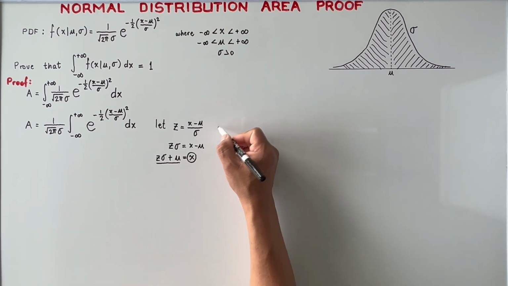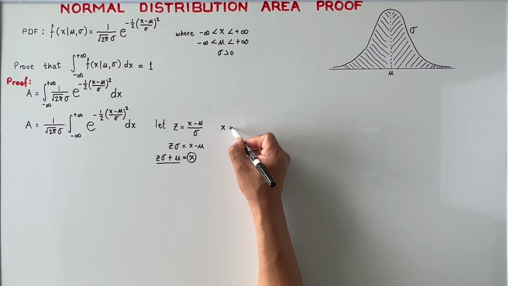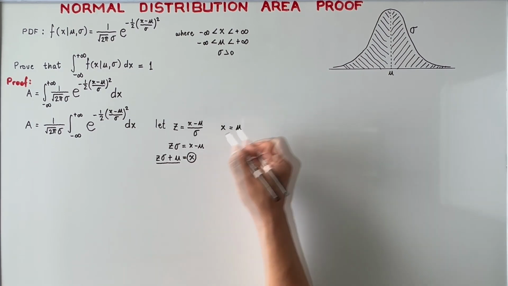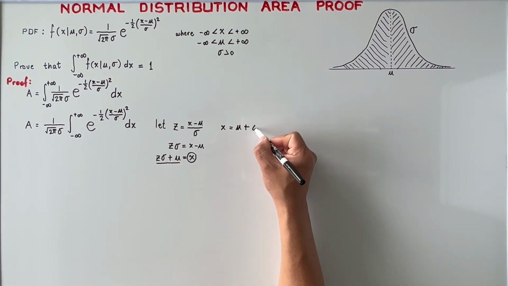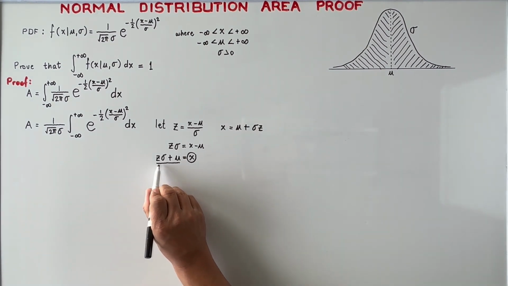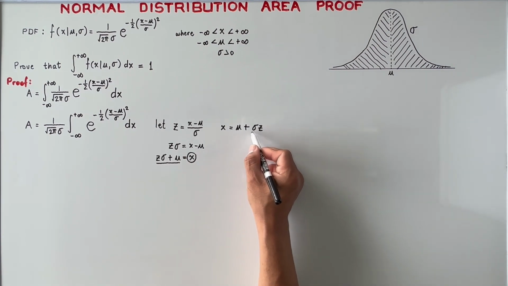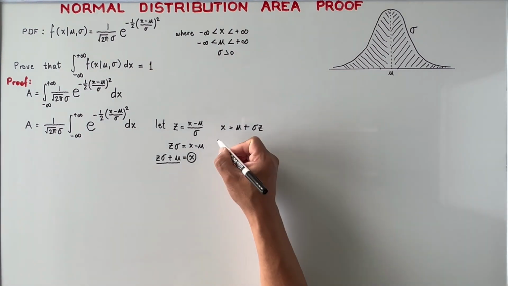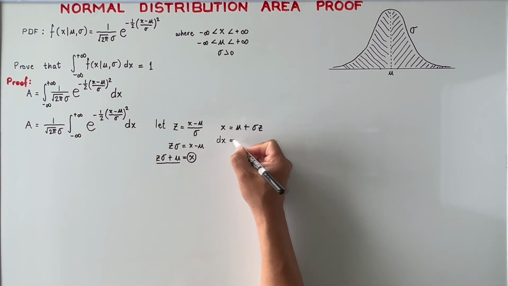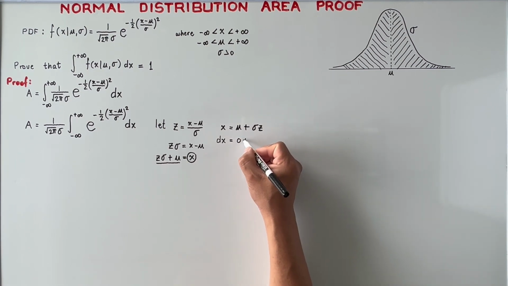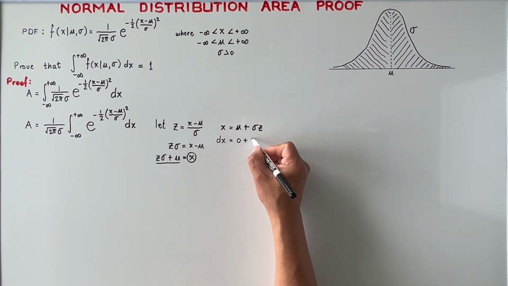And we can find the derivative of this x, which is mu plus sigma z, with respect to z. And you notice I write this one in a different order here because sigma is a constant number. So the differential of x is equal to 0 plus sigma dz, because the derivative of mu, which is a constant, is 0, and the derivative of sigma z is sigma dz.